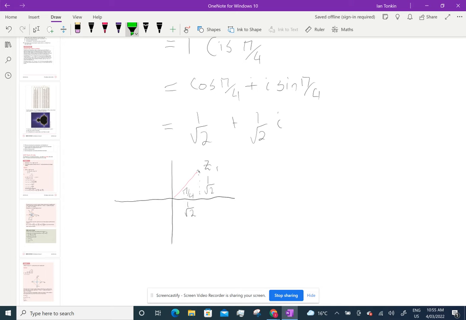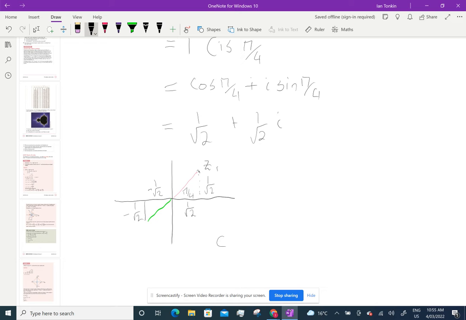Well, the other one is going to be 180 degrees, same modulus, and that's pretty obviously -1/√2 and -1/√2. Or you could just do cis(-3π/4).